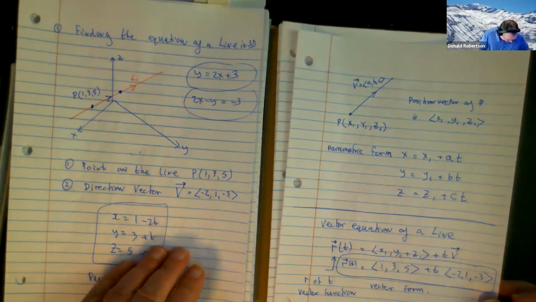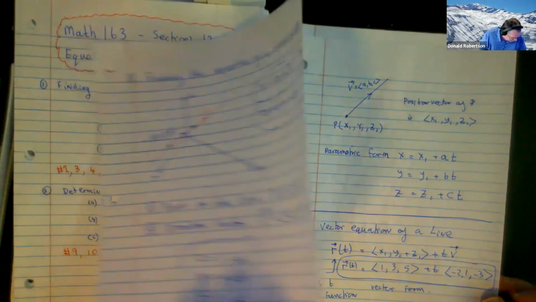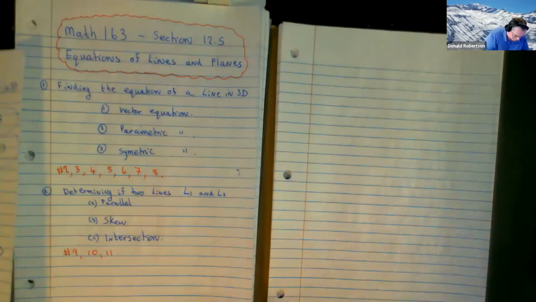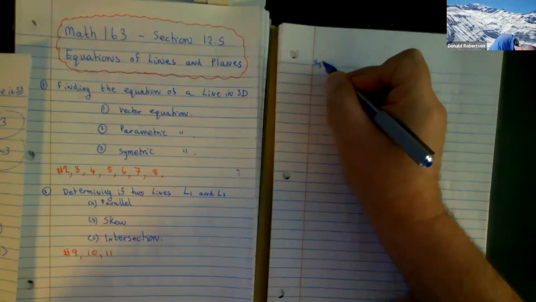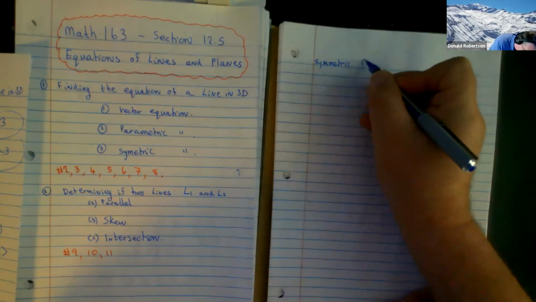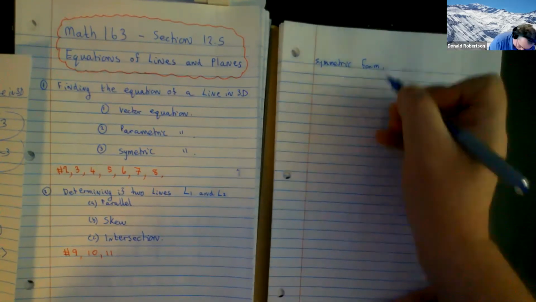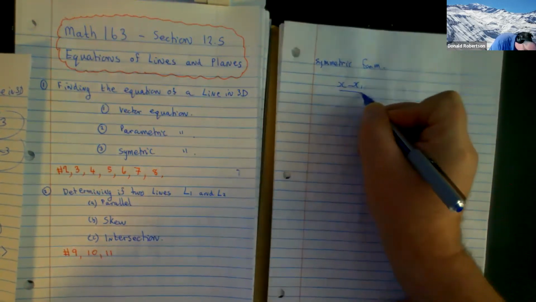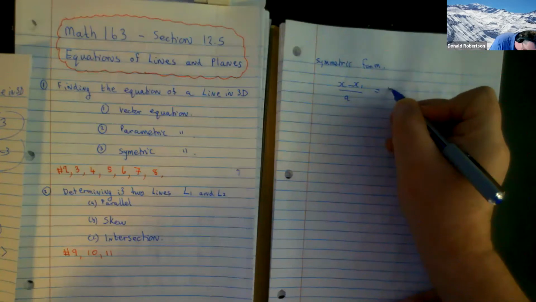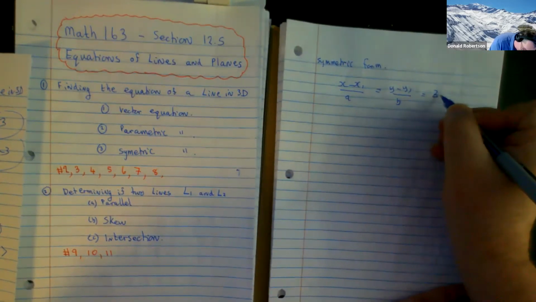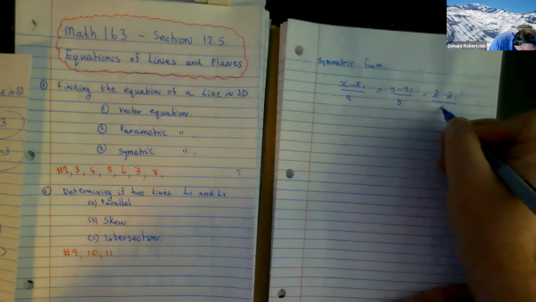And the third and final way of writing down the equation of a line is called the symmetric form. And this doesn't look like any of the other two. It's x take away x1 over a equals y take away y1 over b equals z take away z1 over c.